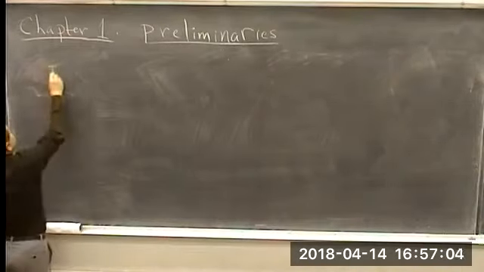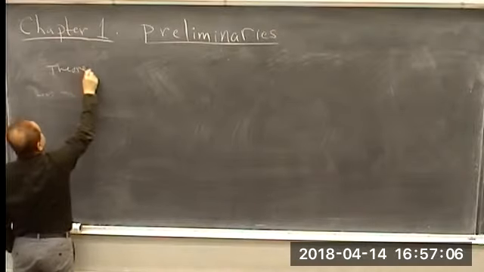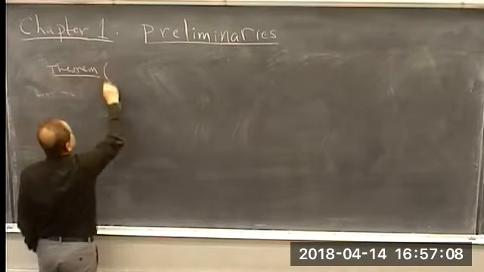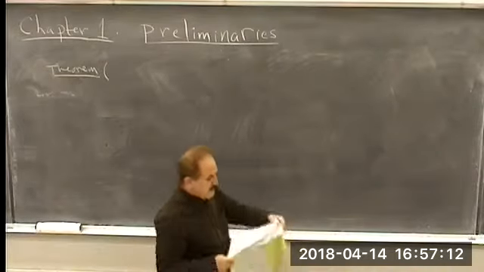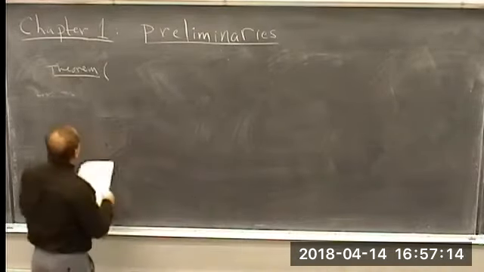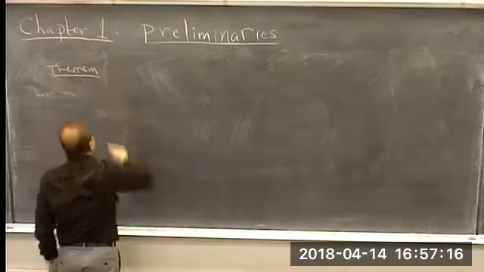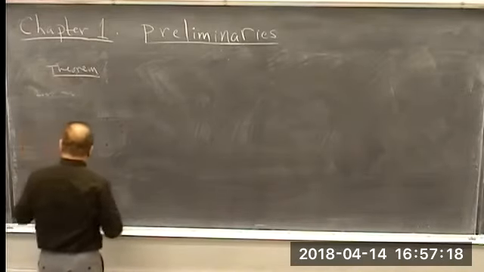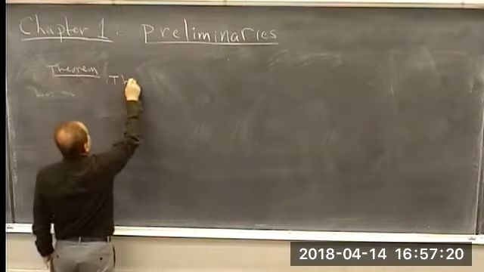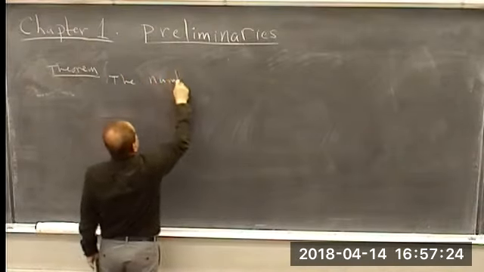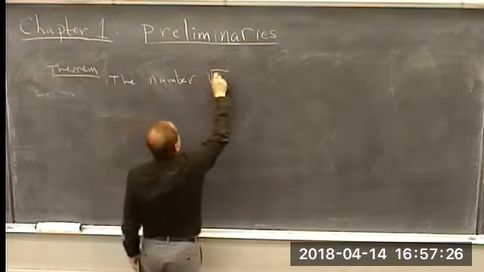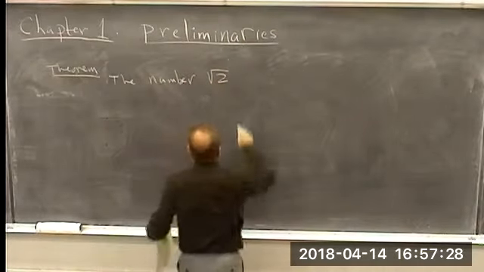Here's the theorem. This proof is known for a long time. The number square root of 2 is irrational.